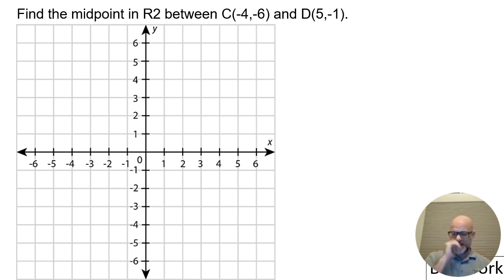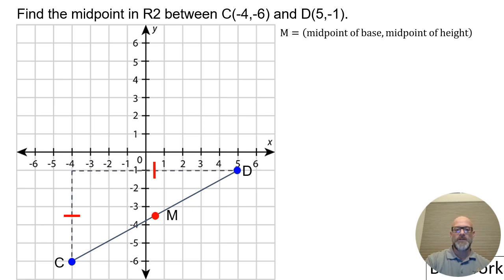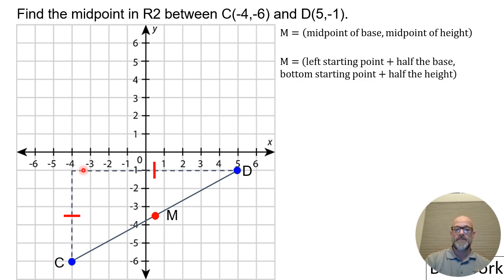What's another approach we could take here? That second approach. Well, nothing's going to change here. You need to graph the ordered pairs. You need to find the midpoint. Drop the right triangle by going for the midpoint of the base and the midpoint of the height. But how else could we get the midpoint of the base and the height? We could say, left starting point plus half the base will get me the midpoint, and the bottom starting point plus half the height will get me the midpoint.